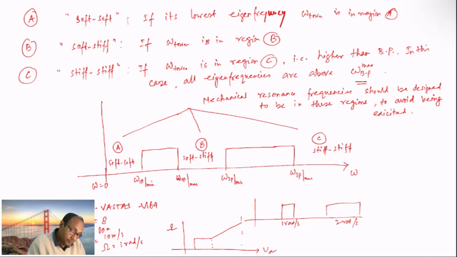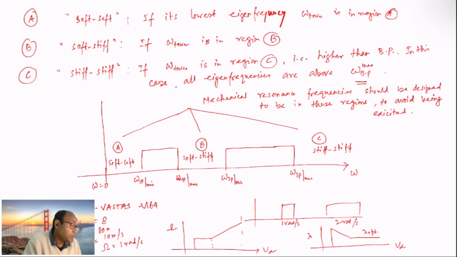Then similarly one can see the variation with U infinity, the lambda that goes up, comes down, stays there. That is lambda optimum.